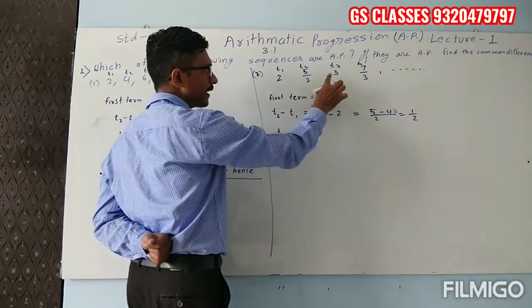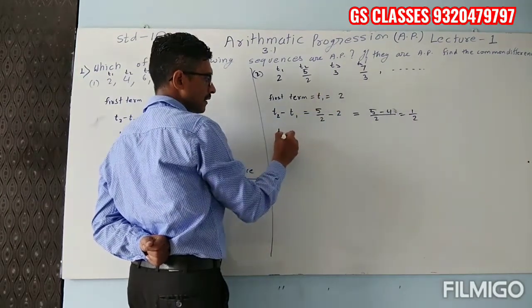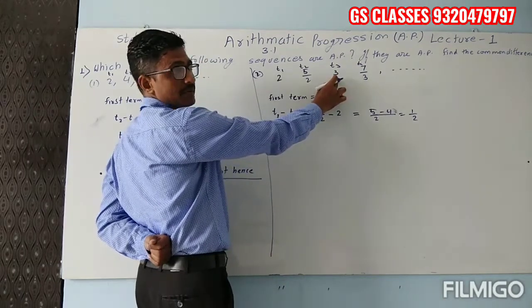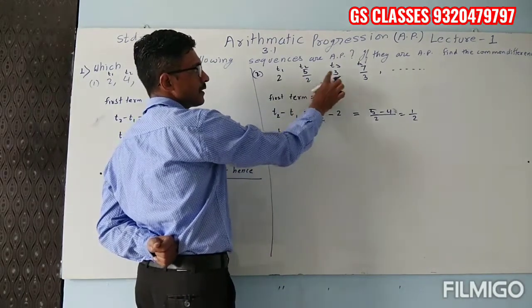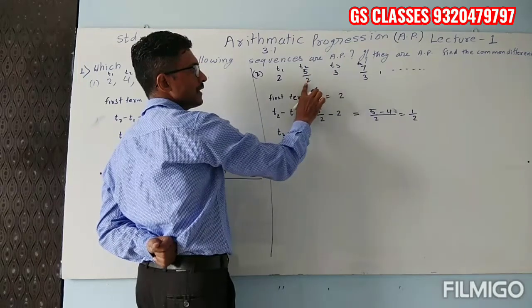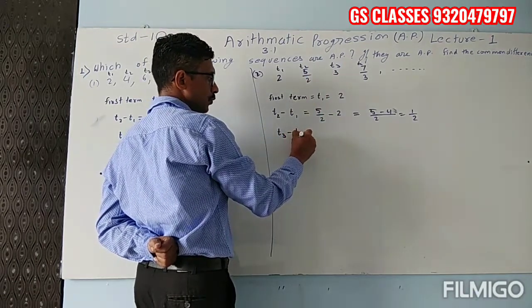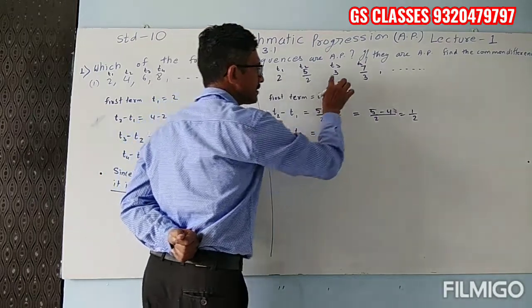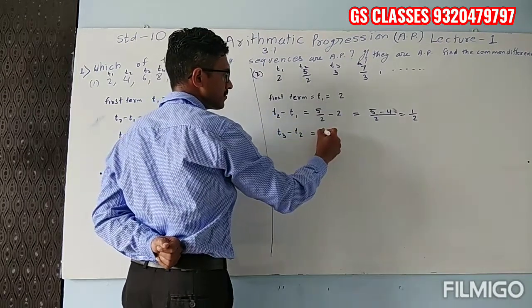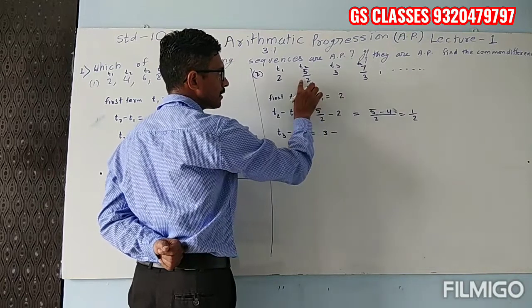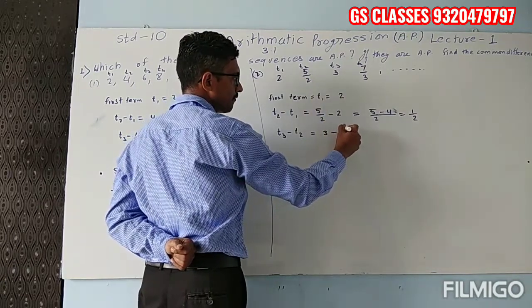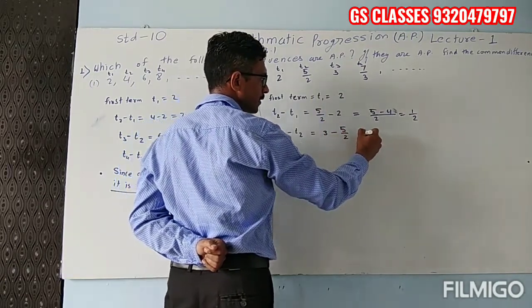Now you take the third term minus the previous term. Third term minus T2. What is T3? It is 3. What is T2? 5 by 2.